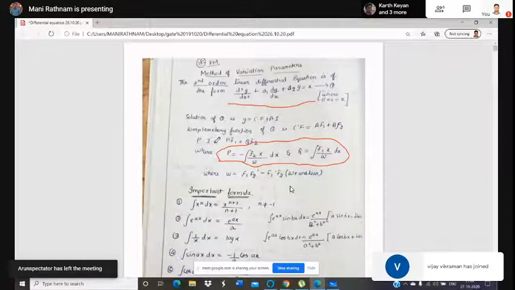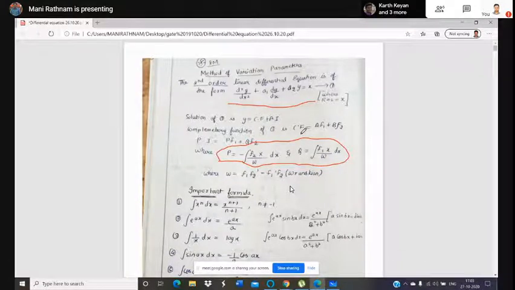First, after finding the CF, as in the previous classes, it is some constant times a function of x plus a constant times another function of x. The complementary function is represented here as a f1 plus b f2, where a and b are constants and f1, f2 are functions.